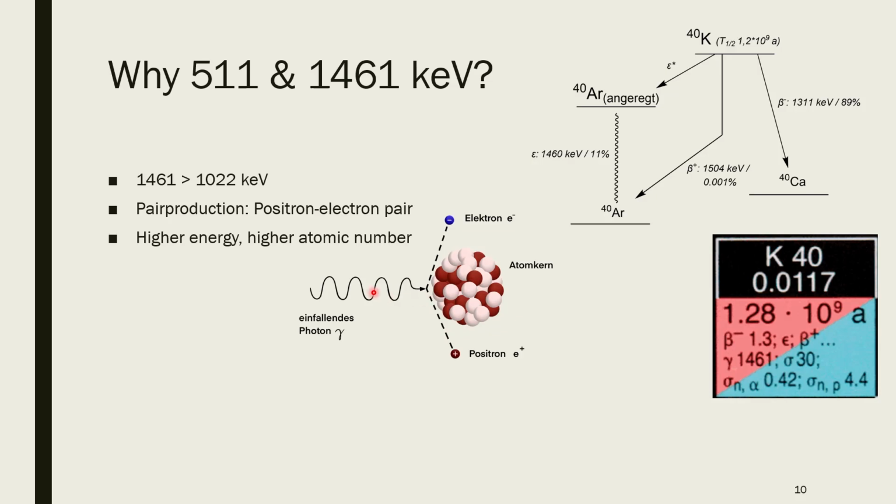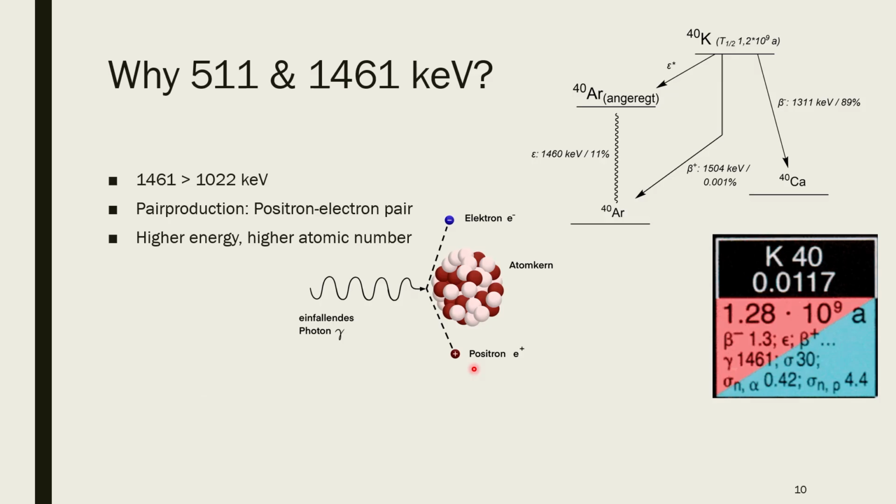So if this photon comes near the field of an atomic nucleus and is high enough in energy, it will produce an electron and a positron according to E equals mc squared, and some leftover energy depending on the difference. And this positron can annihilate with other electrons in the surrounding area, and then there will be an emission of two 511 kiloelectron volt photons, which the gamma detector could also measure.